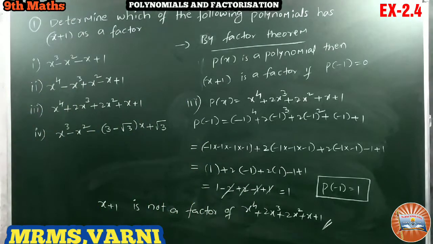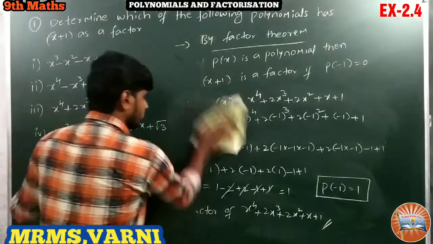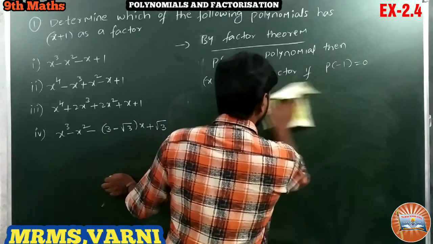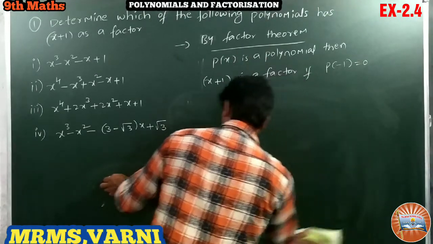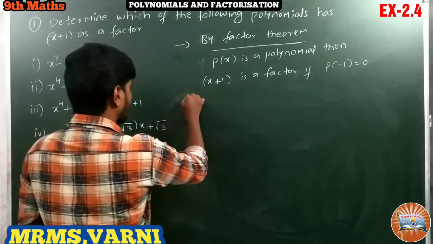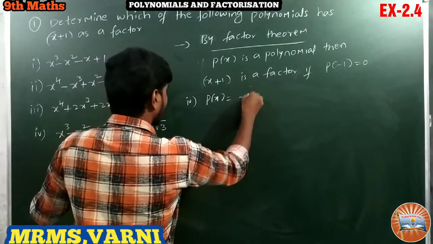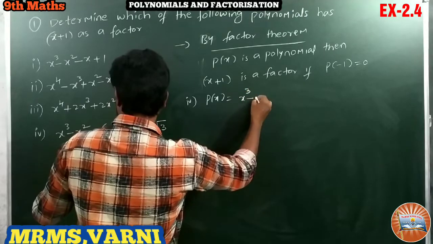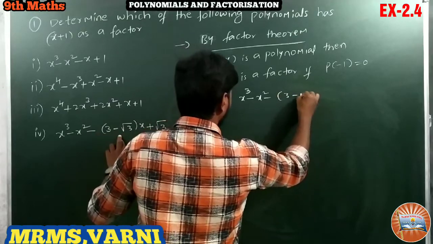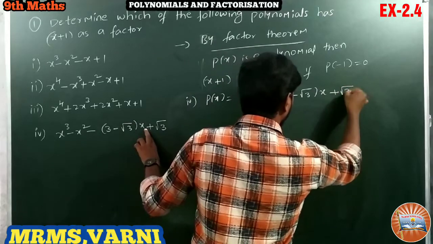Next. Fourth one. So given p of x is equal to x cube minus x square minus of 3 minus root 3 into x plus root 3.